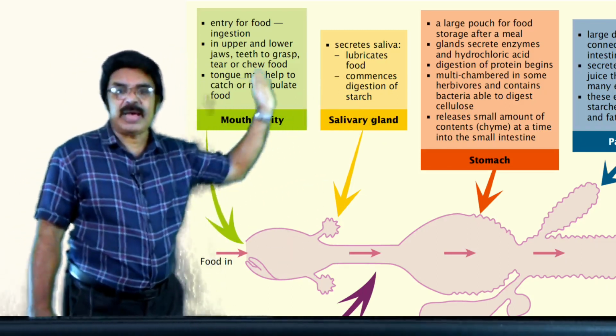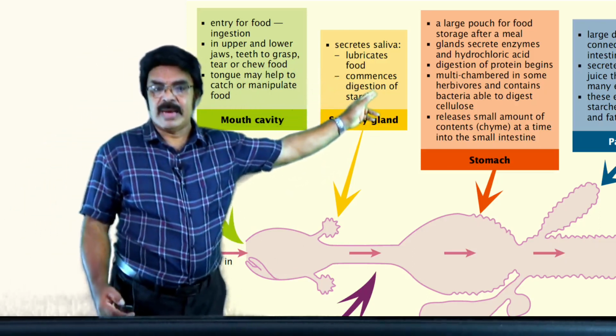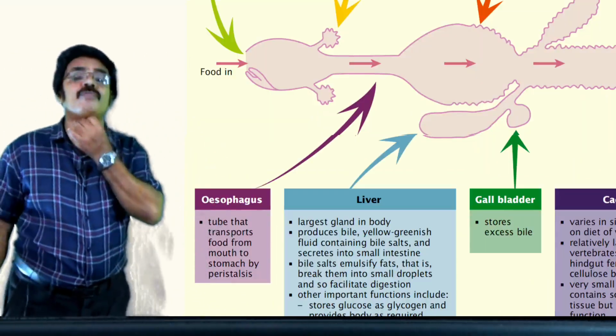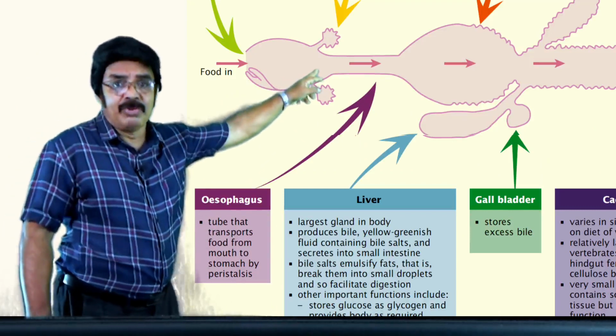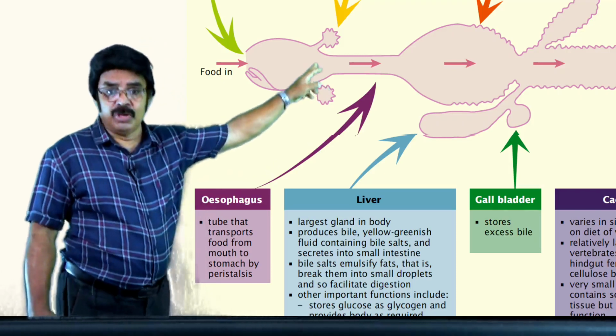So the buccal cavity, and in the buccal cavity you find salivary glands, and then you find the esophagus. The esophagus is a tube. Pharynx is not mentioned here. This part is called the pharynx. We have learnt about the pharynx in grade 7, so you know what the pharynx is.